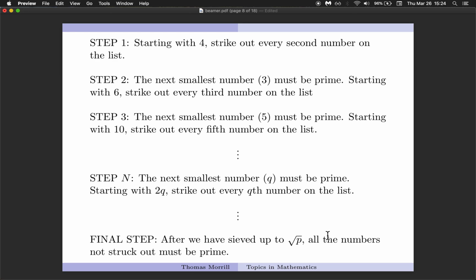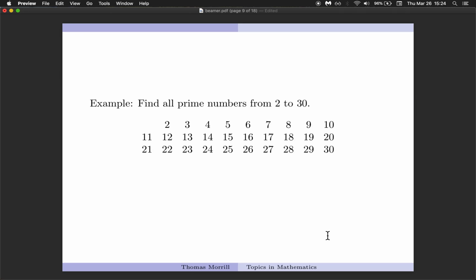As an example, here is a list of all the integers from 2 up to 30. I left out 1. 1 is not prime. 1 is a unit. So find all the prime numbers from 2 to 30. The smallest number on my list is a prime number. Yes, it's 2.